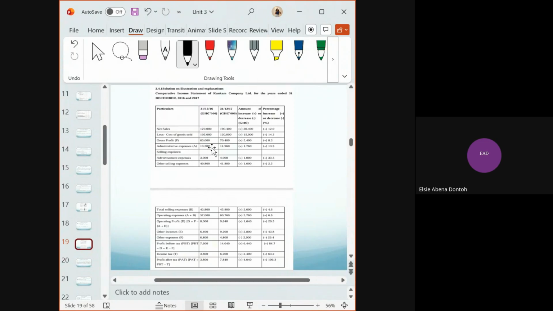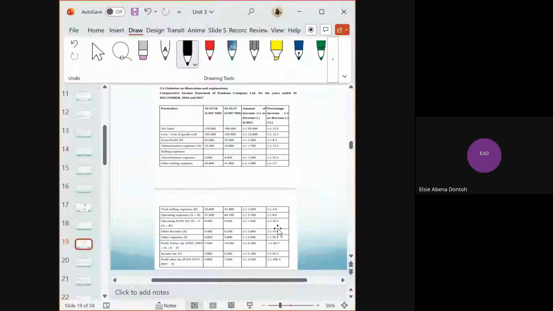Administrative expenses increased by 13.3%. Advertisement expenses increased by 33.3%. This is alarming, meaning that the increase in sales here was due to this advertising. So they increased sales, all right, but it didn't really reflect in their profit here.